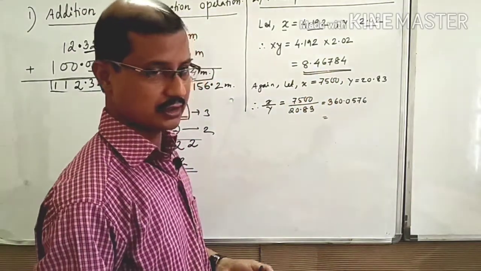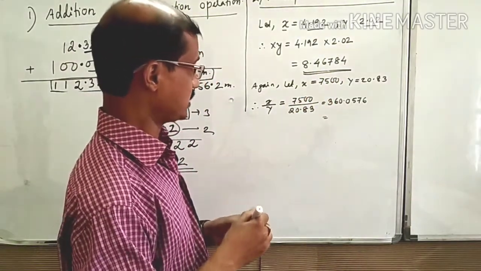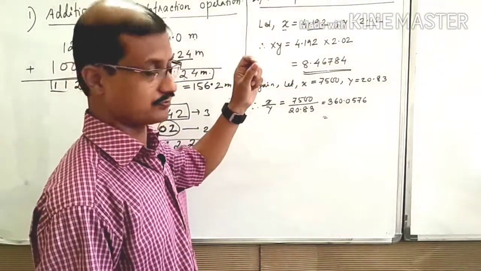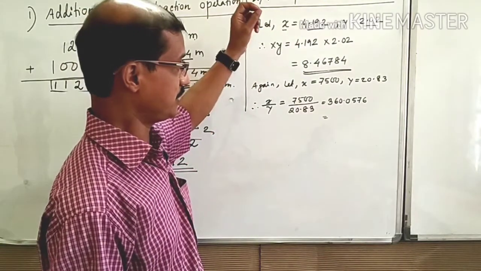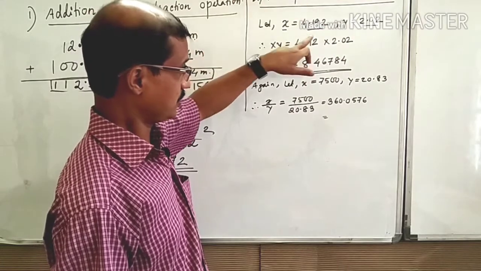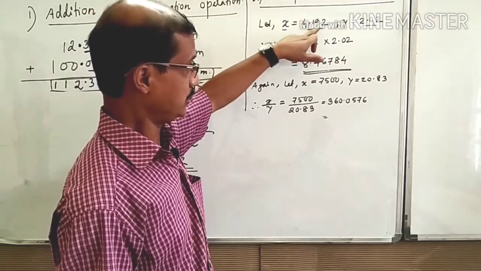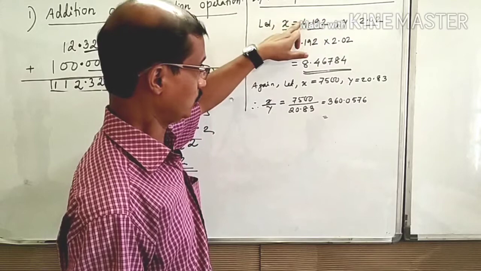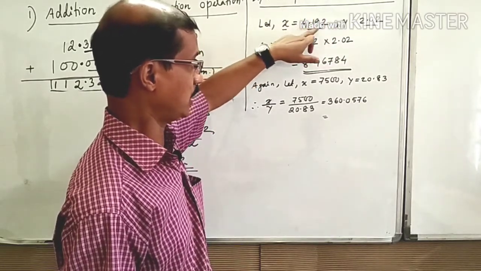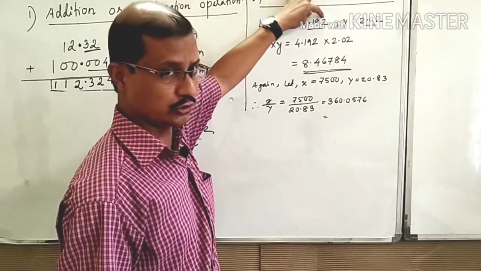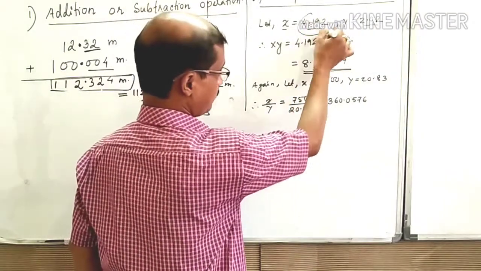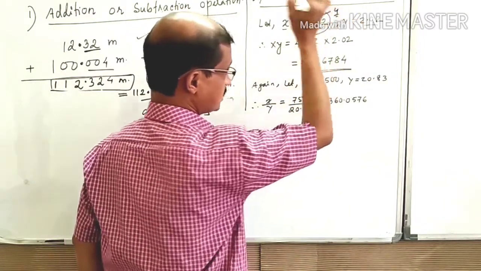How will you round off this final result? In this case we have to check the number of significant figures, the lowest count. In the first number, 4192, all are non-zero digits, so all non-zero digits are significant. So in the first number we have 4 significant figures.